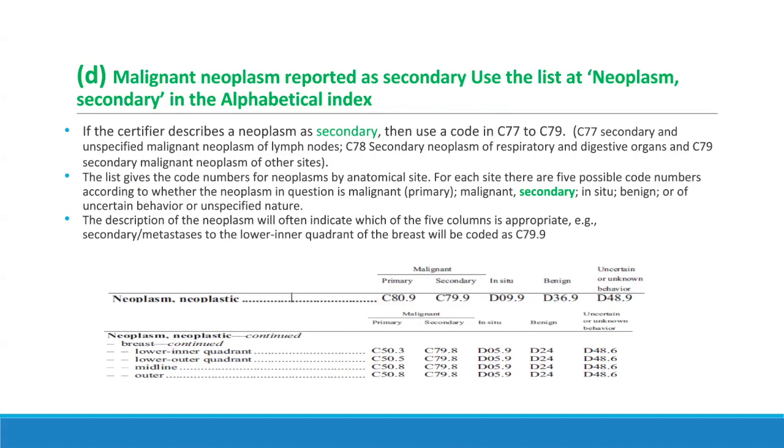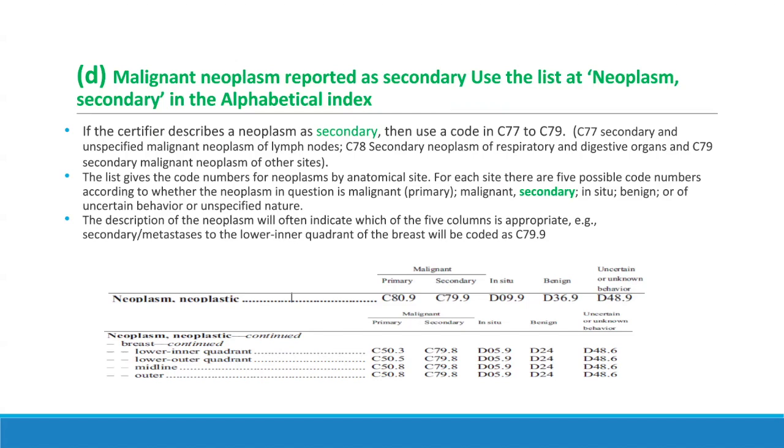This slide provides guidelines for coding malignant neoplasms reported as secondary in medical records, directing users to the neoplasm secondary section in the alphabetical index. Codes C77 to C79 are used for secondary malignant neoplasm depending on the anatomical site affected, such as lymph nodes, respiratory, and digestive organs or other sites.